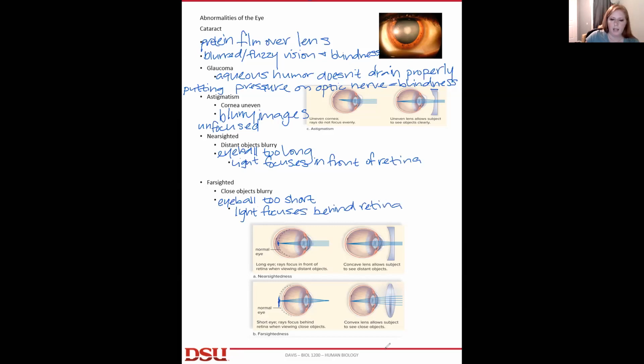Okay, and again, the shape of the lens used in glasses and in some contacts can make up for that, so that it makes the light focus on the person's actual retina versus where the retina would be in a normal eye. Okay.